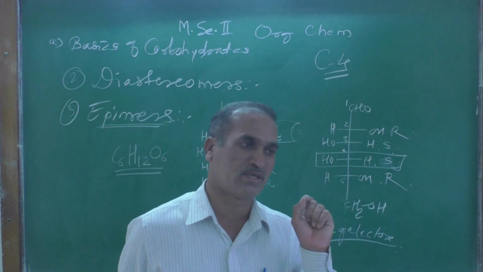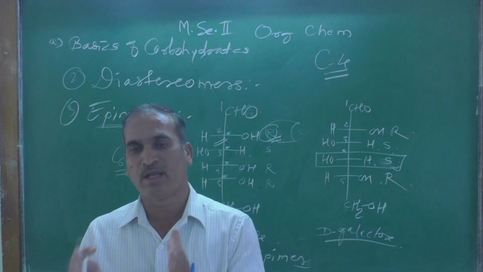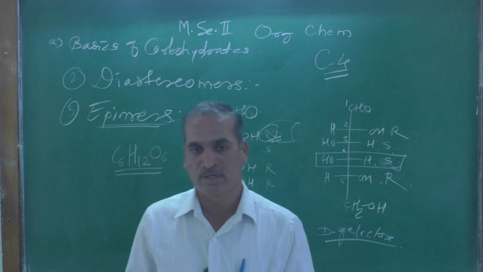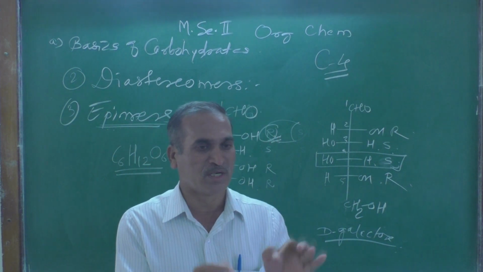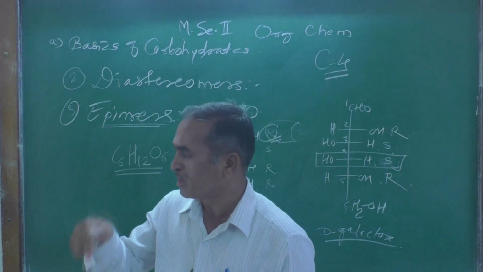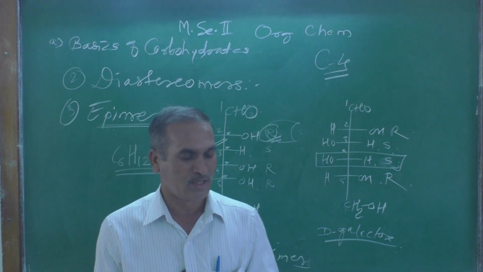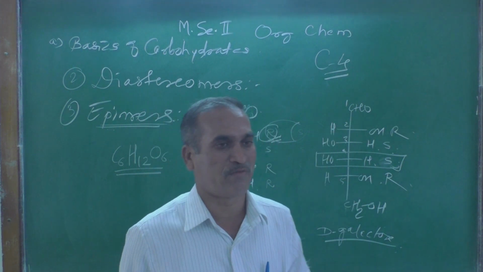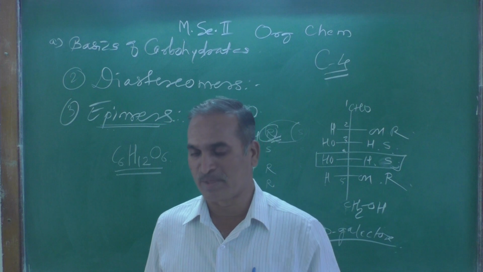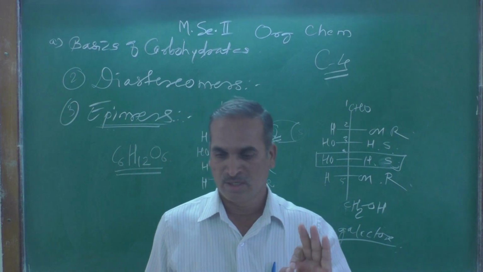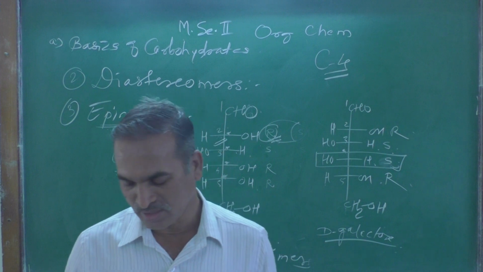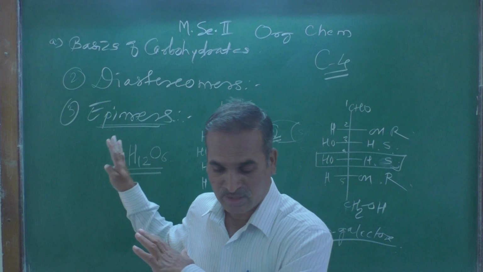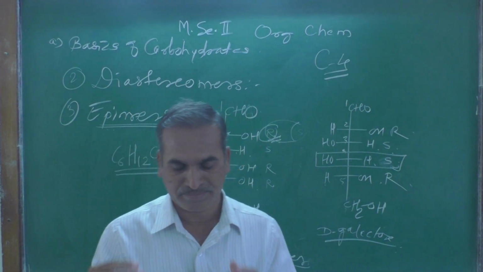These two are suitable examples, enough for us to understand the term epimers. This is a new term introduced at MSc level, so remember what epimers means. With the help of these two examples I have explained the term, and I hope the concept is clear to you.